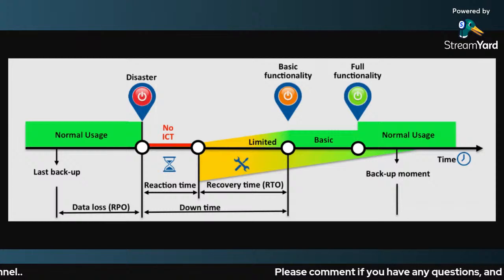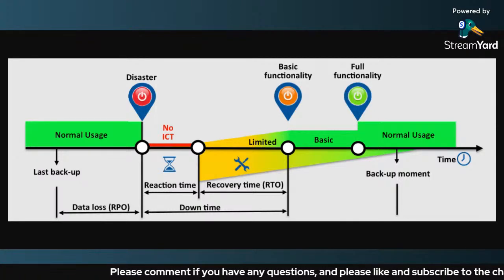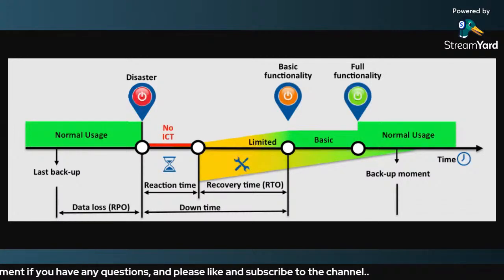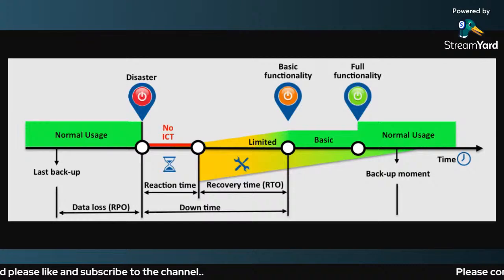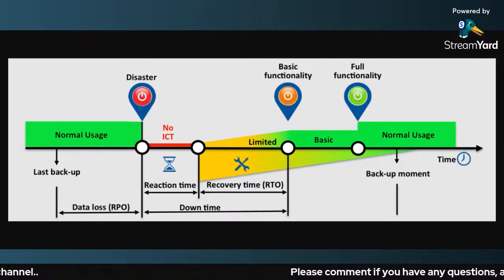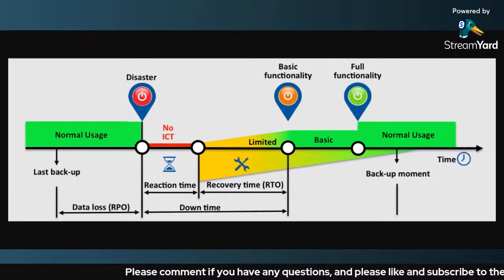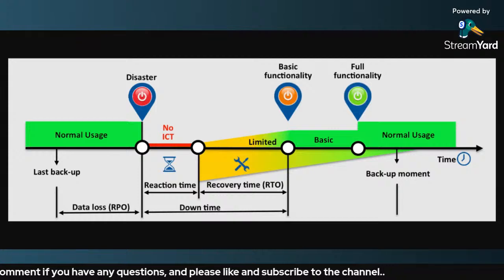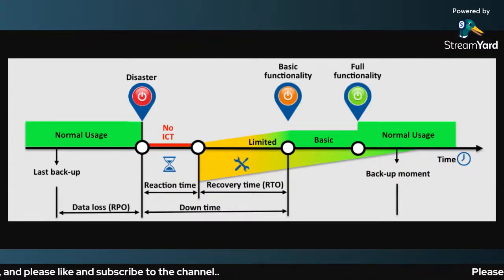For example, if certain infrastructure is critical for you, or you are offering it as a service to your clients, where you cannot afford downtime at all, you can increase the backup frequency. If you have backups every half an hour, then even in case of a disaster, you will lose at maximum half an hour of information.